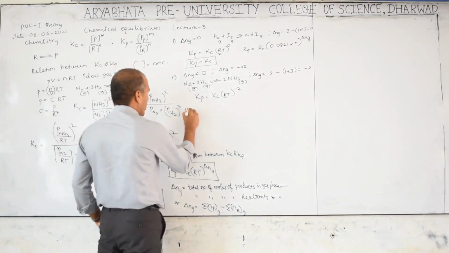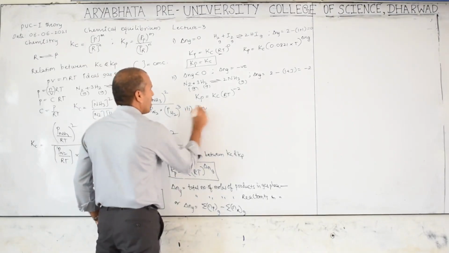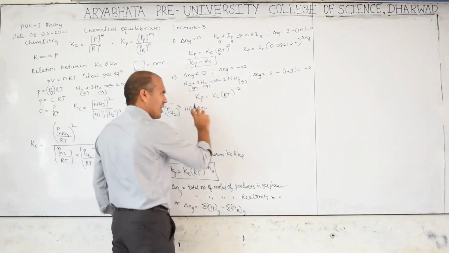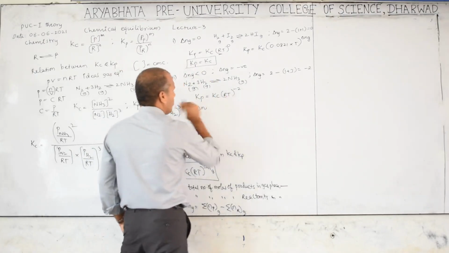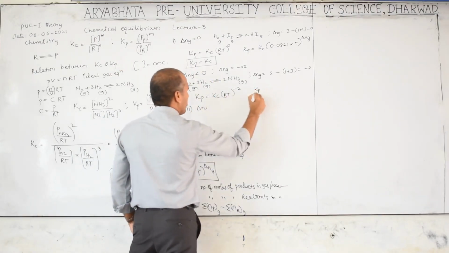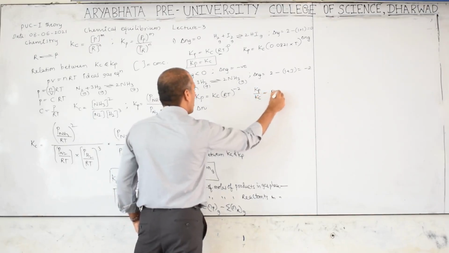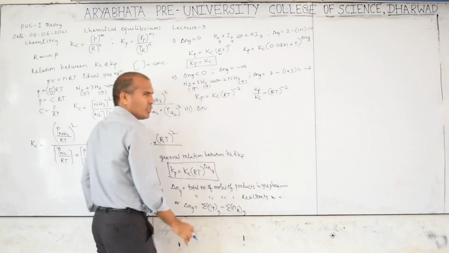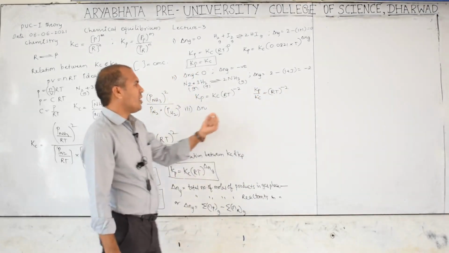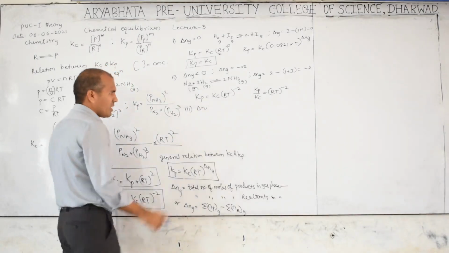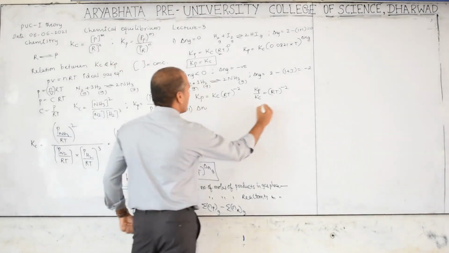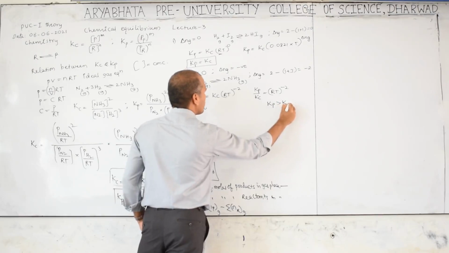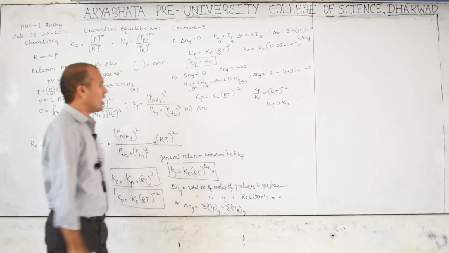Now Kp by Kc is equal to RT power minus 2. Clear? To get the negative value, which should be greater here? Delta Ng is less than 0, meaning Kp is less than Kc.